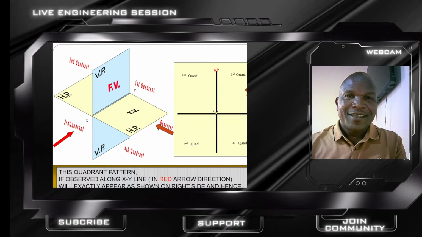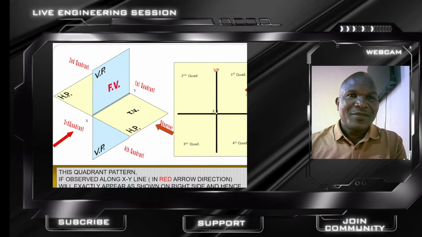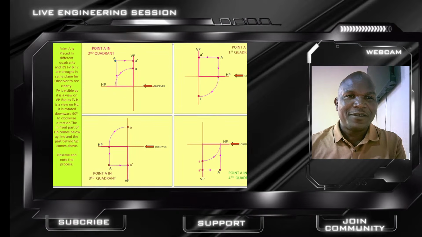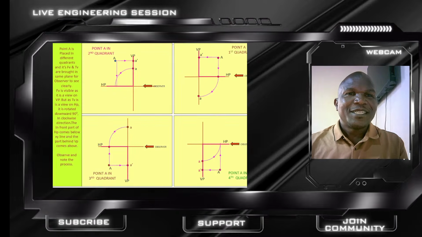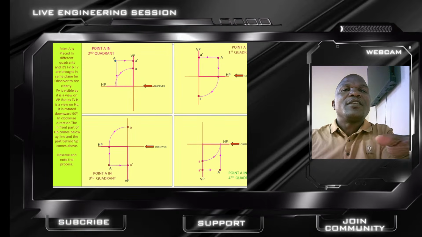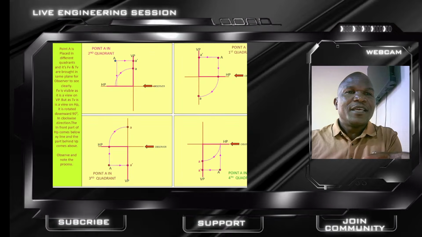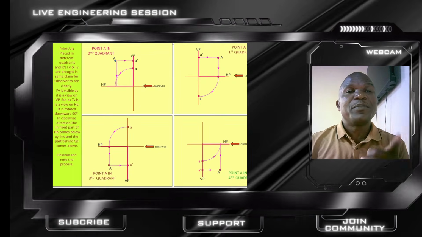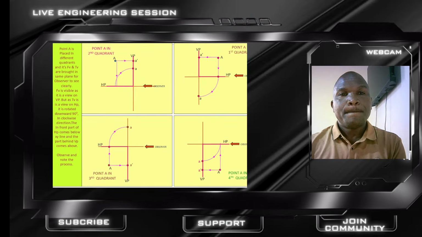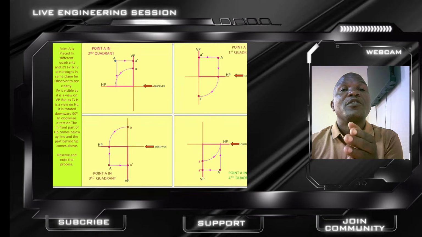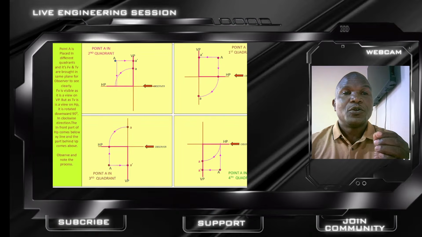Okay. Now, let me move to that one so it's very clear for your understanding. We are talking about points in quadrants. This slide is very important conceptually. A single point is placed in a different quadrant, but we must still see both of its views clearly.